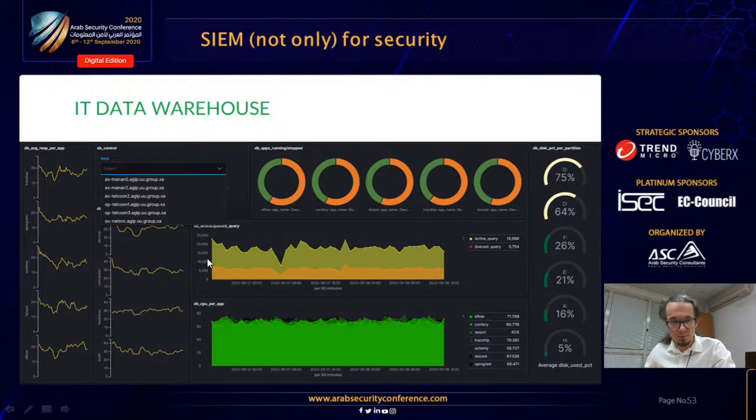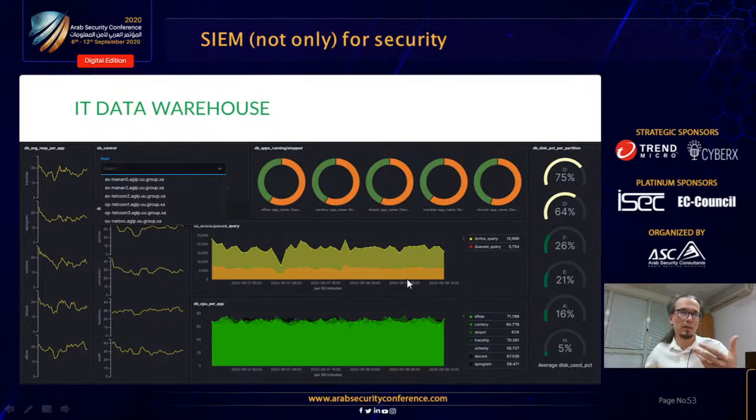For example, here we have the correlation of the waiting and active queries over the databases. In other words, waiting query and active query for the databases.